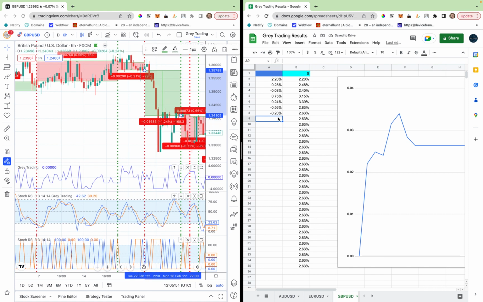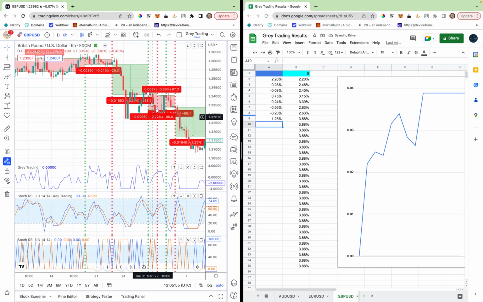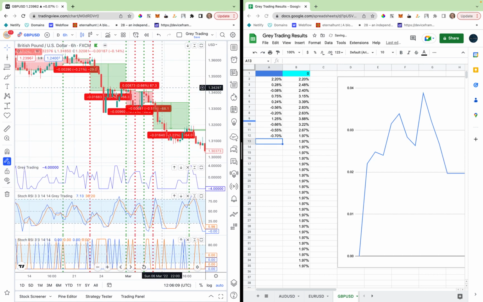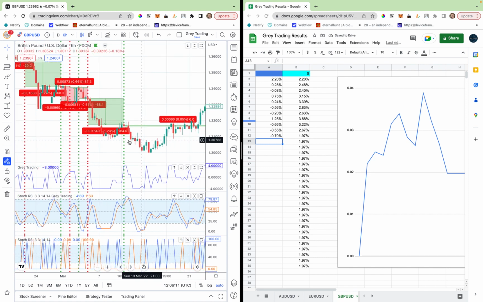You can make a lot of money in Forex if you know what you're doing. Millions, literally millions, if you know what you're doing. Okay, so we've got minus 0.66, we've got minus 0.5 and minus 0.7. So 1.23.